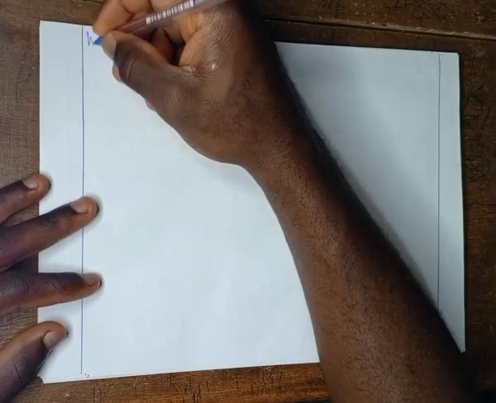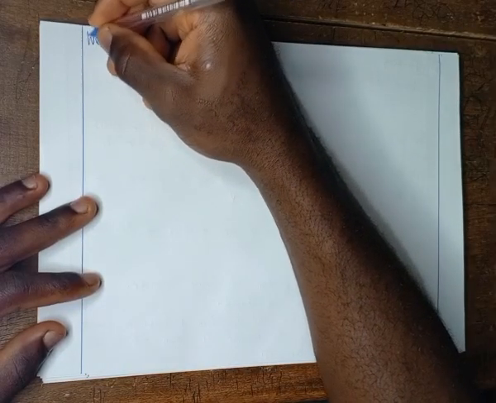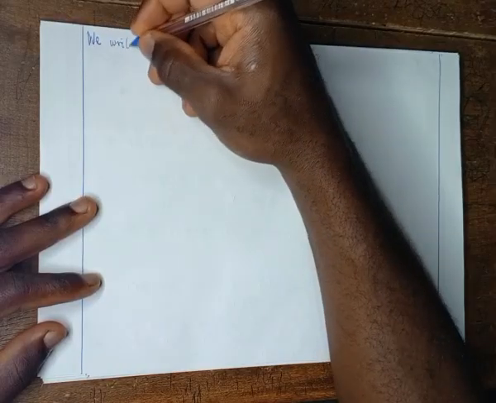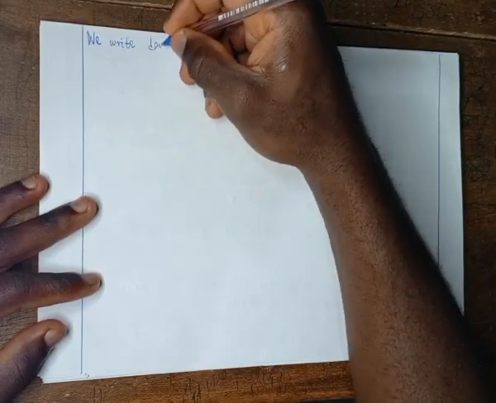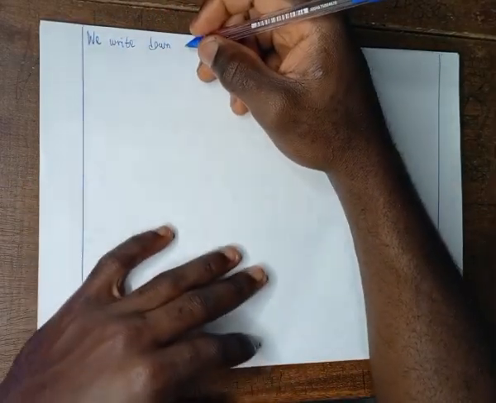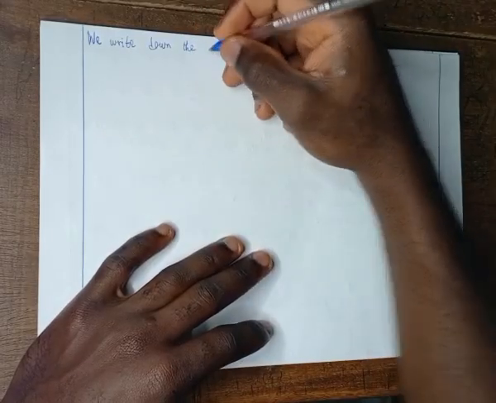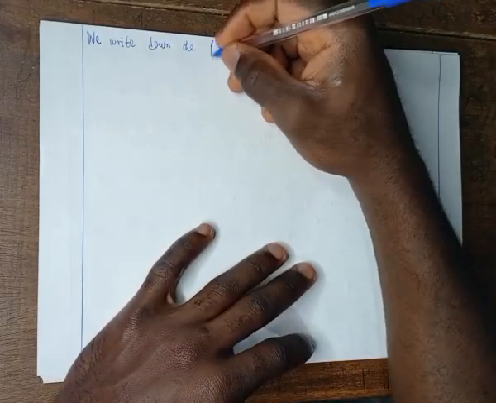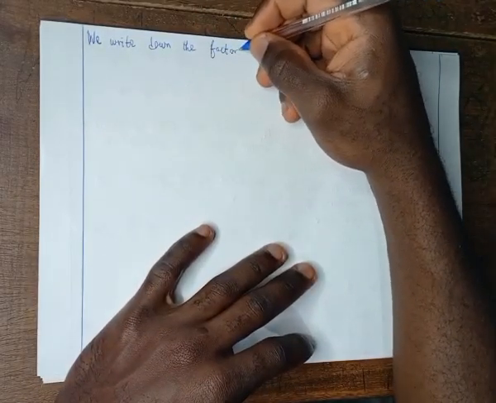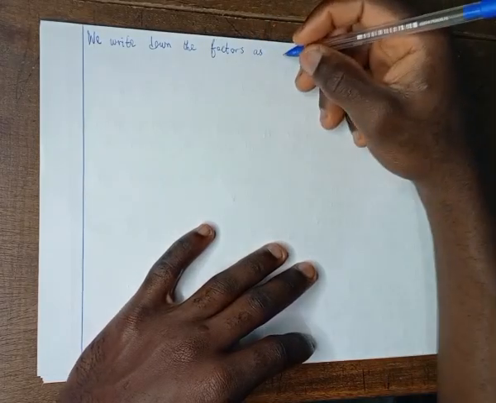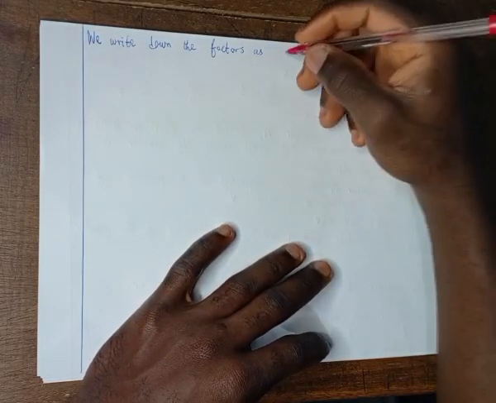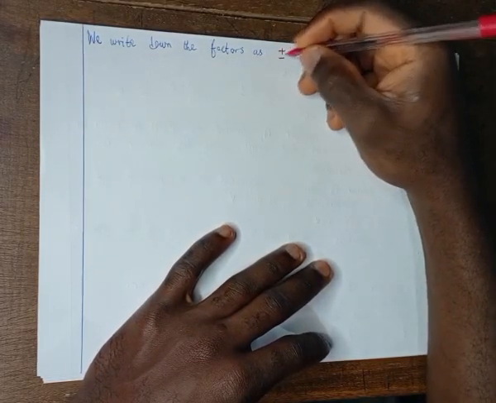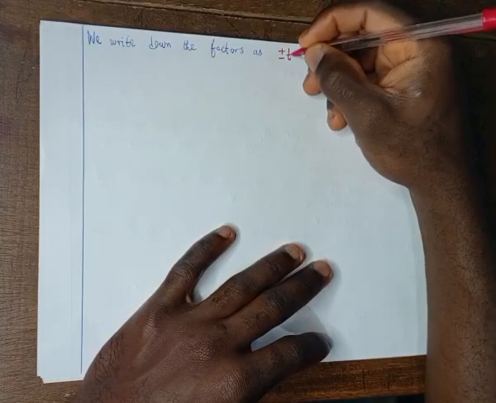This is still a continuation of the third point. We write down the factors as, take note of this, plus or minus t.